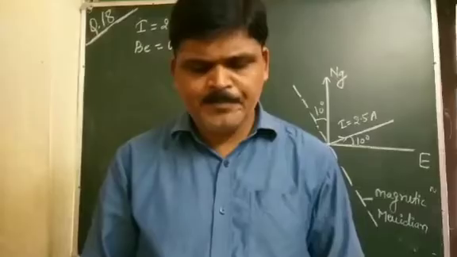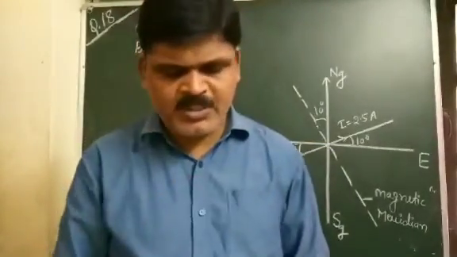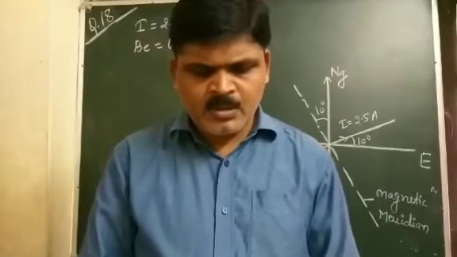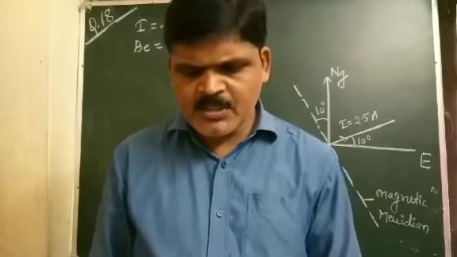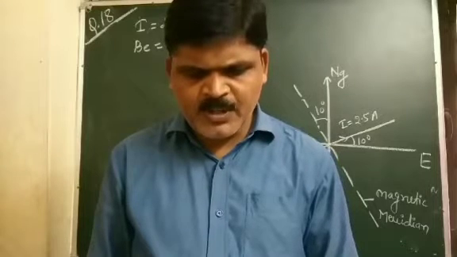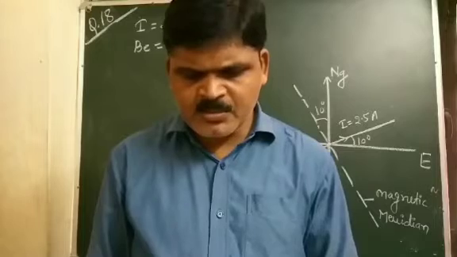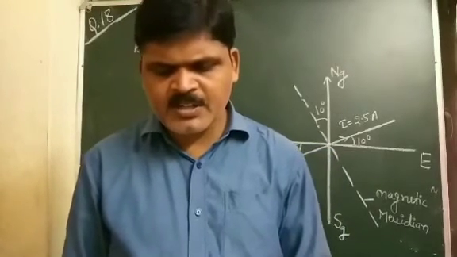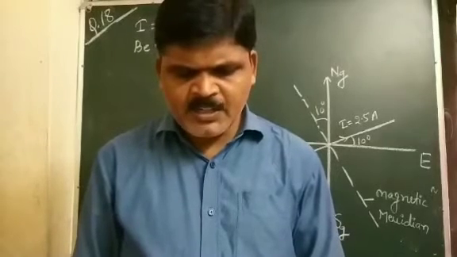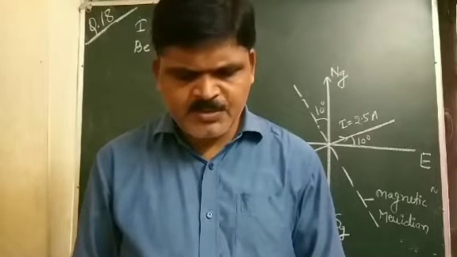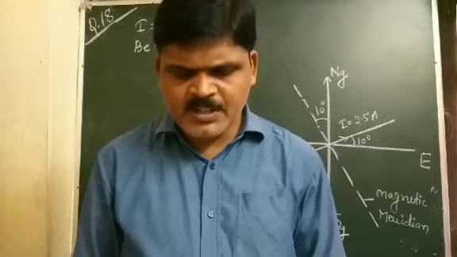Question number 18, students. The diagram I have already plotted here. A long straight horizontal cable carries a current of 2.5 ampere in the direction of 10 degrees south of west to 10 degrees north of east. The magnetic meridian of the place happens to be 10 degrees west of the geographical meridian.